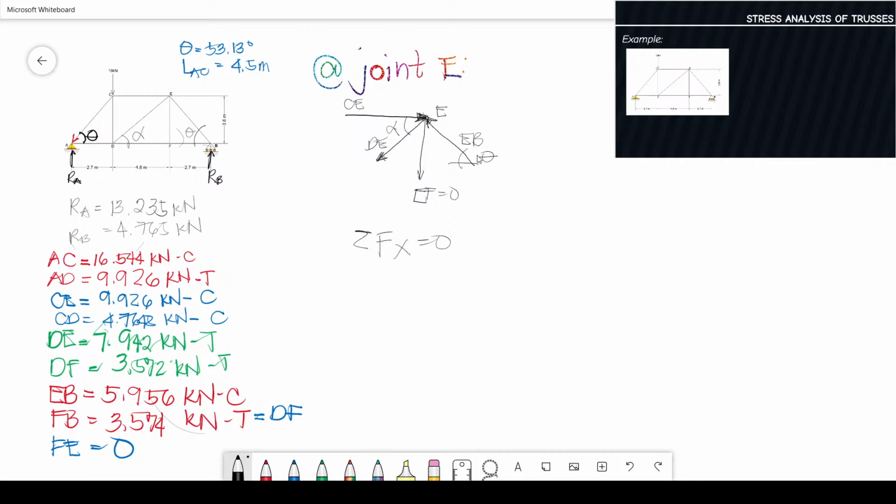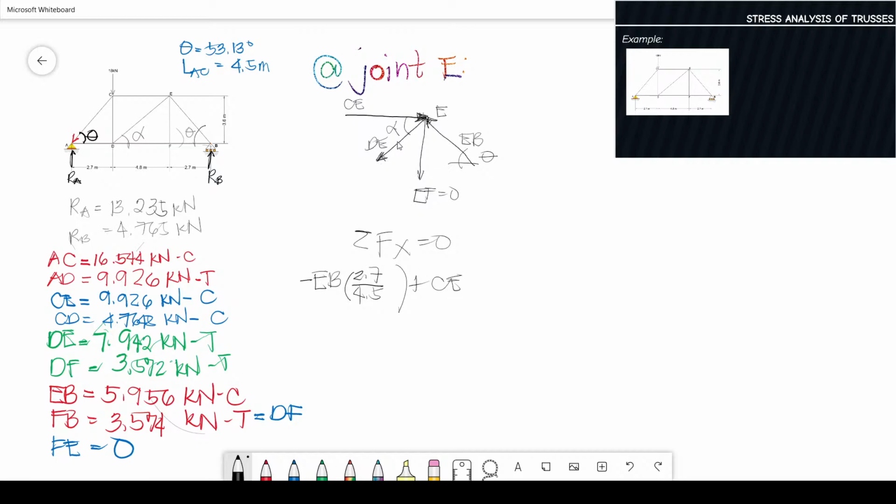So, EB, we only want its horizontal component. So, EB, this is to the left, so negative. Horizontal component of EB is 2.7 over 4.5. We have CE. CE is a horizontal to the right.